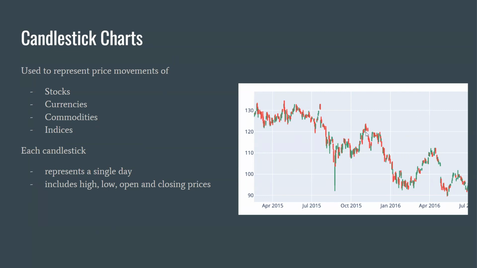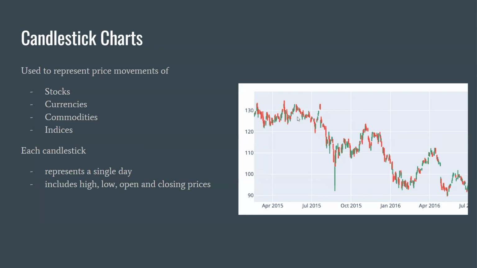They initially originated from Japan more than 100 years ago, initially to analyze rice contracts, and they have become popular in recent decades among traders and analysts in financial markets.